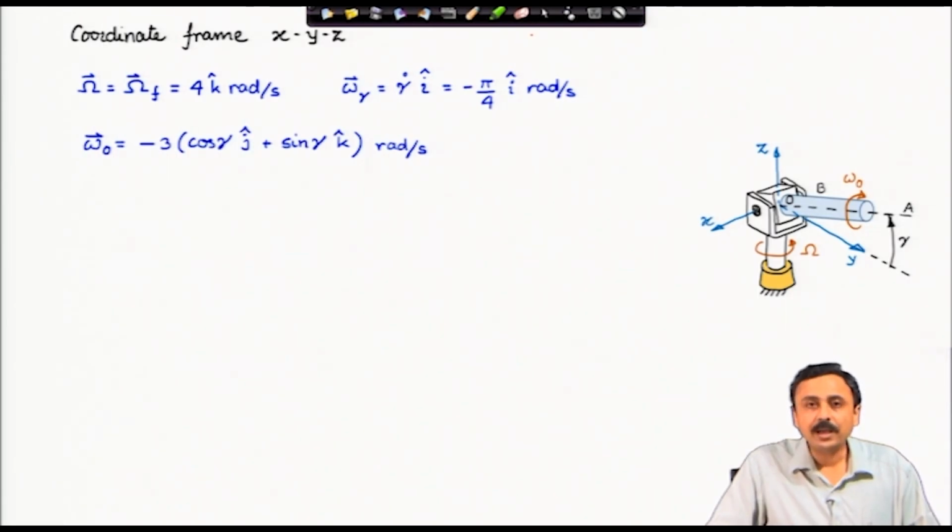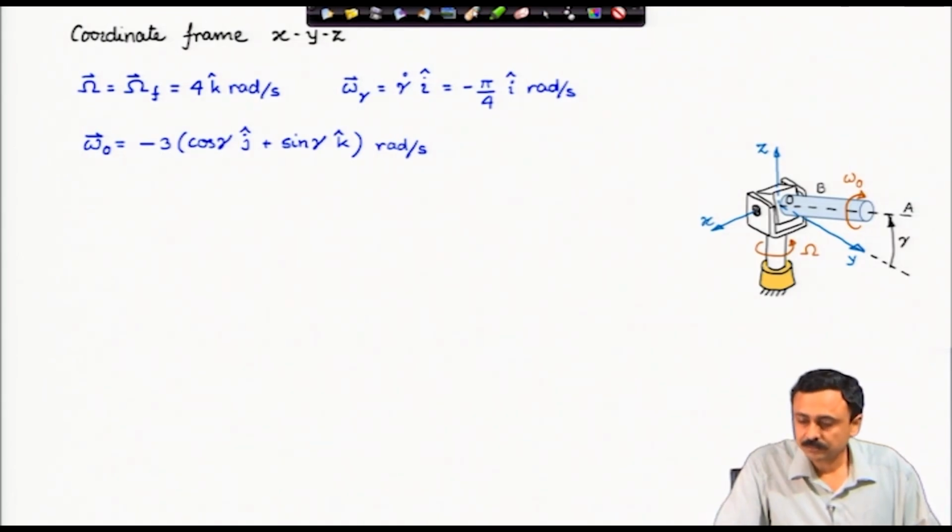Now, omega naught is the spin angular velocity vector, which is shown, minus 3, which is the 3 radian per second magnitude, and the direction is given by the unit vector OA, which can be expressed in the x, y, z coordinate system.